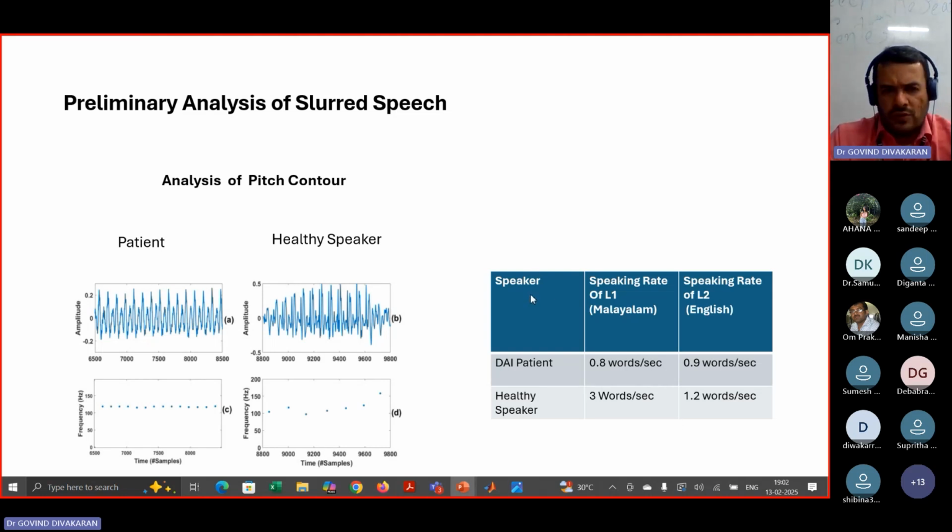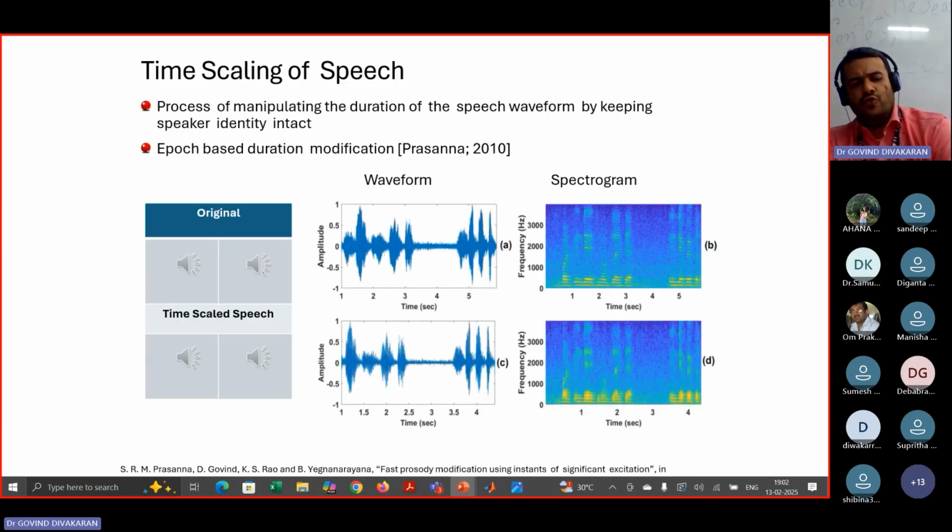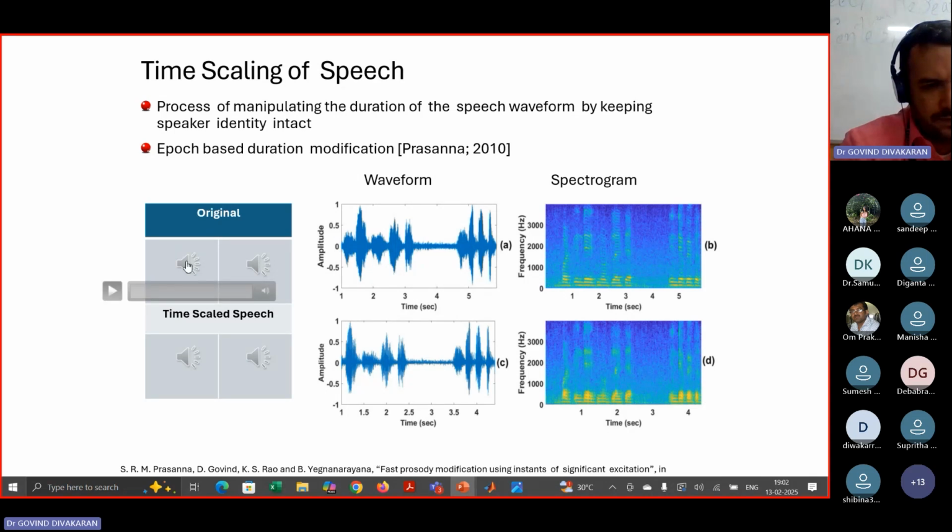So the idea that we were trying to use here was the duration modification algorithm. While doing PhD, we developed epoch-based duration modification methods in our lab, which we have applied here. It was showing some encouraging results.